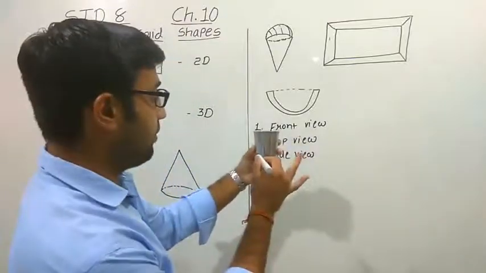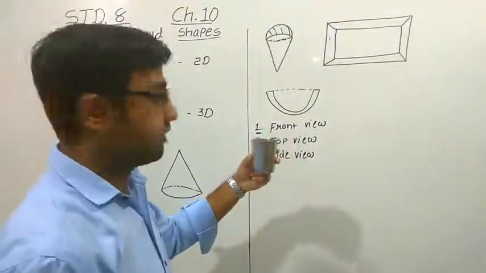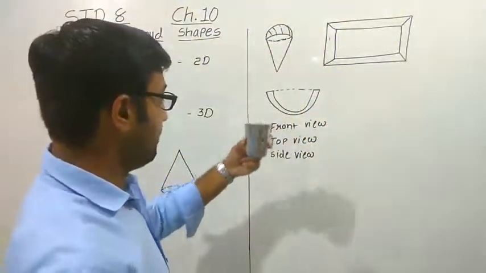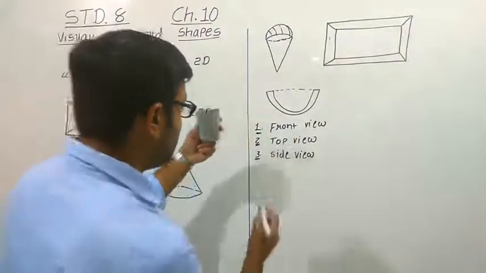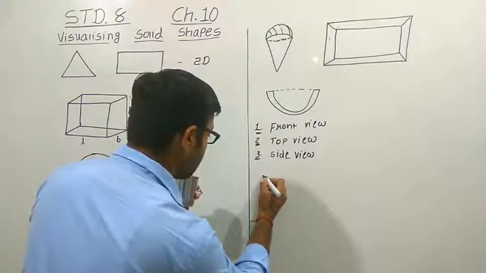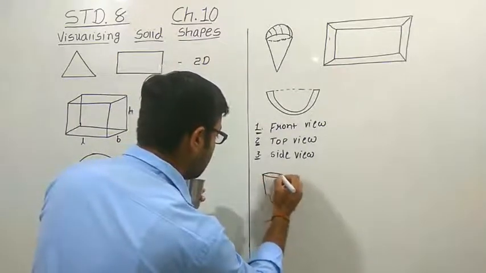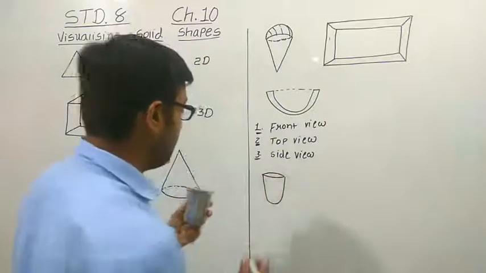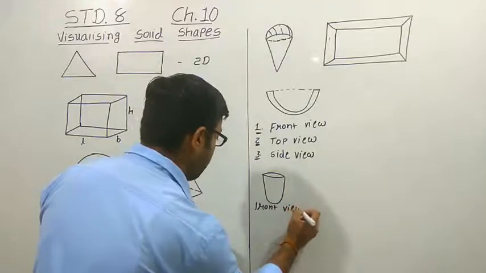So let us try to find all the views. The front view, if we look at it from here, will look like this. This is the front view, right? This is the front view.